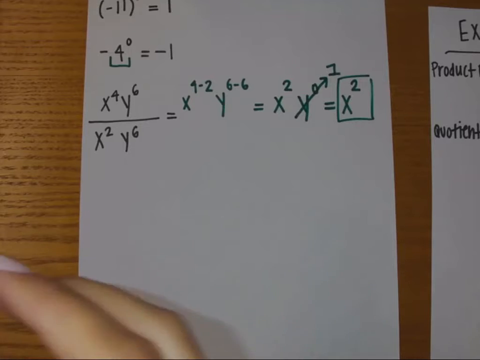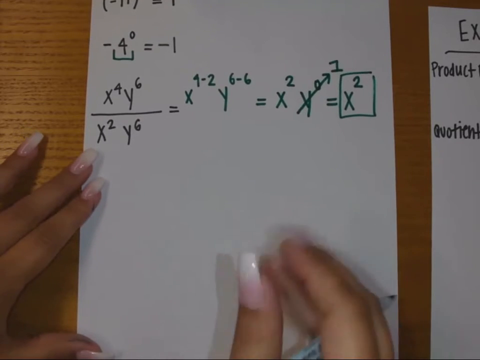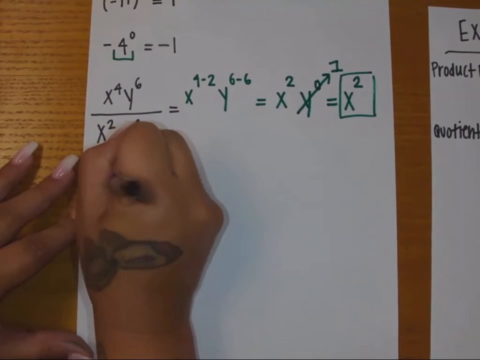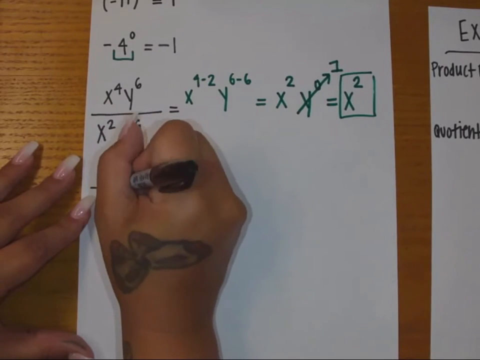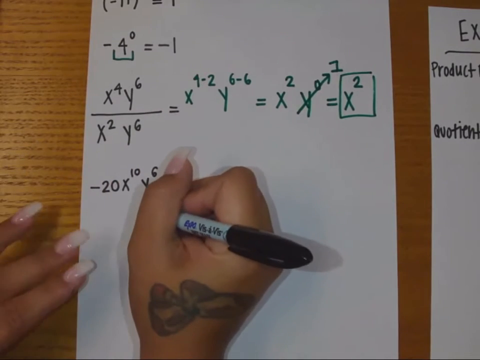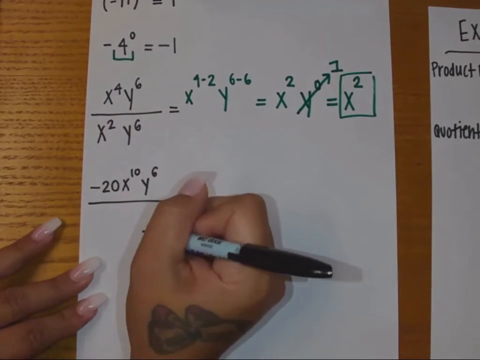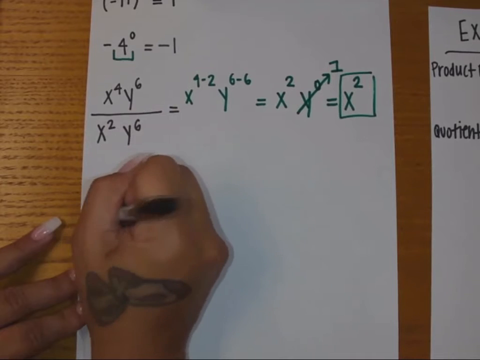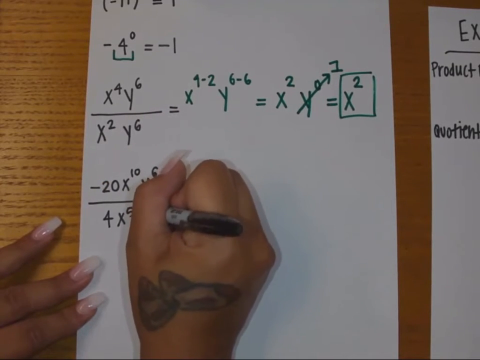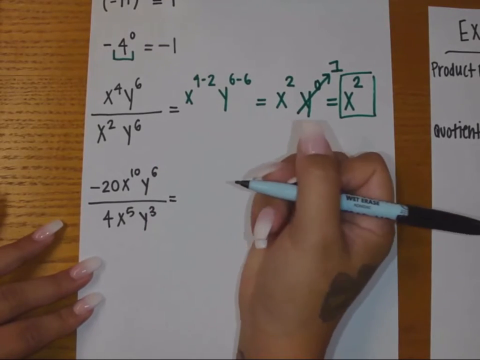Simplify the exponential expression. So it literally just tells you again just to simplify. In the numerator, we have a negative 20, x to the 10th power, y to the 6th power. And then in the denominator, we have 4, x to the 5th power, y cubed. Let's apply our rules.